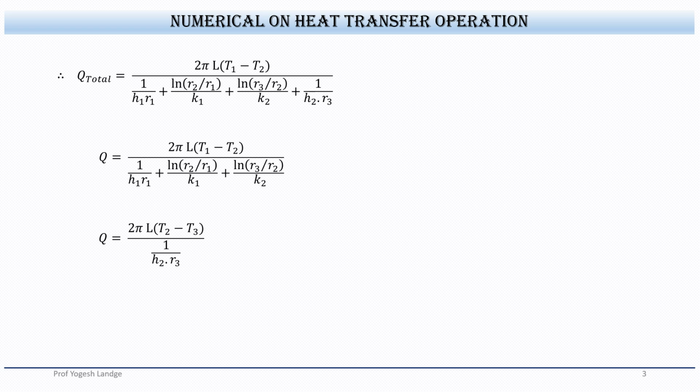So let's see here. The formula with us is this one. This formula we can use for the resistance: at the start, the resistance by convection, plus the resistance by the metal pipe, plus the resistance by the insulating material, plus the resistance by convection from the surface to the surrounding.